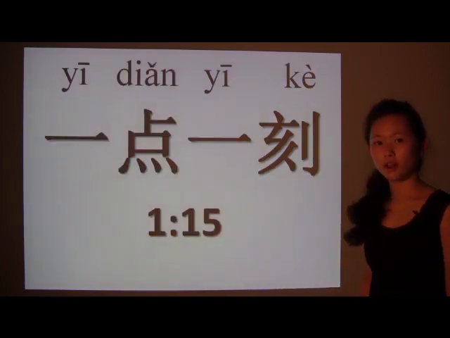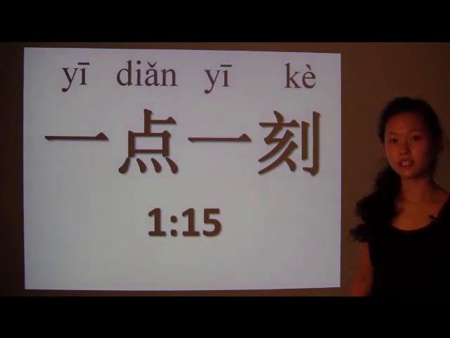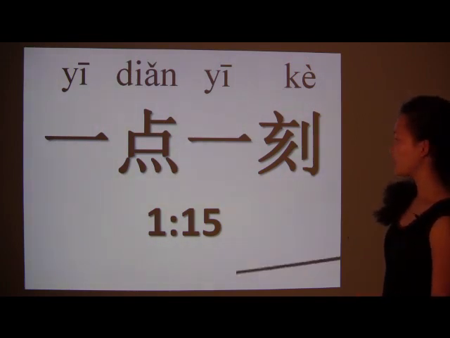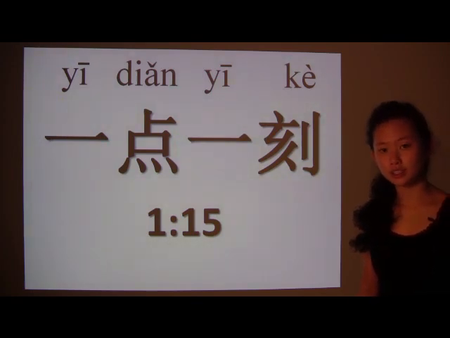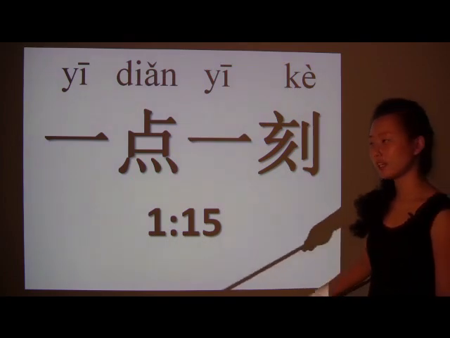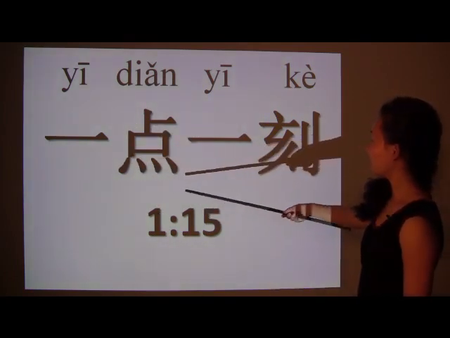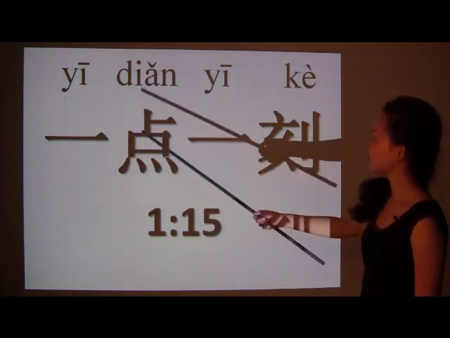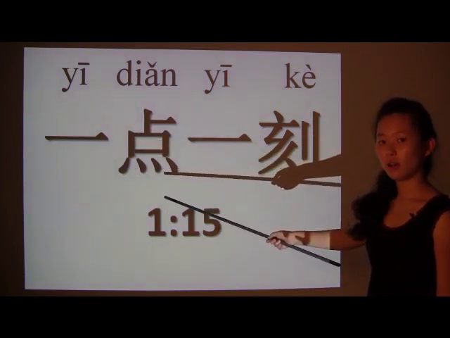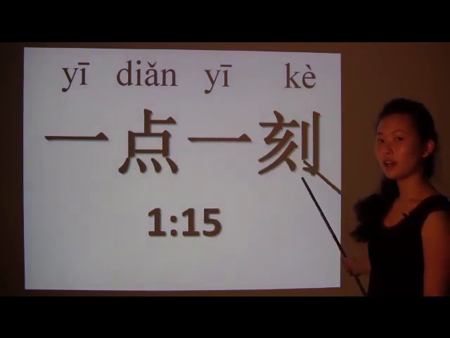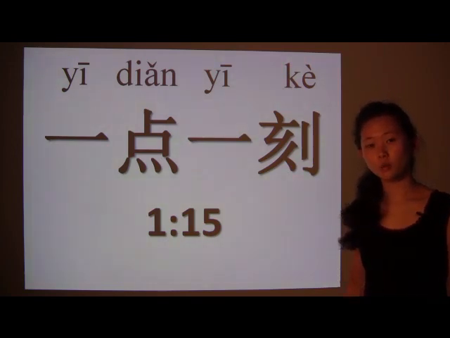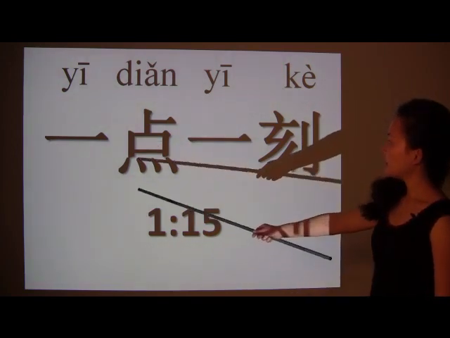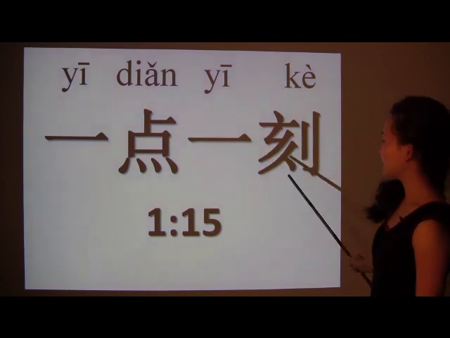So, say you wanted to say 1:15. In English, we might say 1 and a quarter, and people would understand that you're saying 1:15. Likewise, in Chinese, 一点一刻. 一点 1 hour, 一刻 a quarter, and people would understand that you're saying 1:15. 一点一刻.